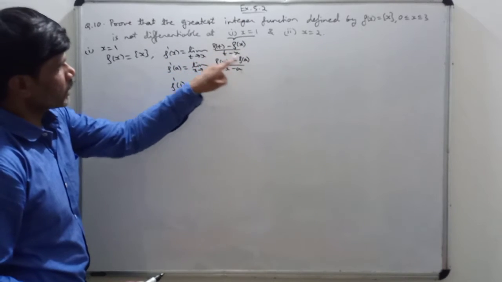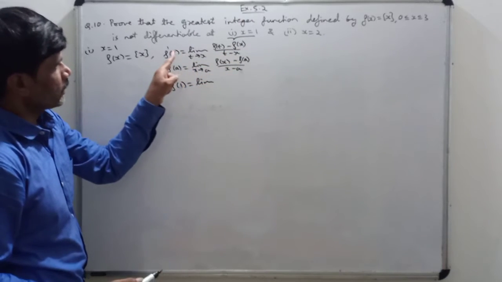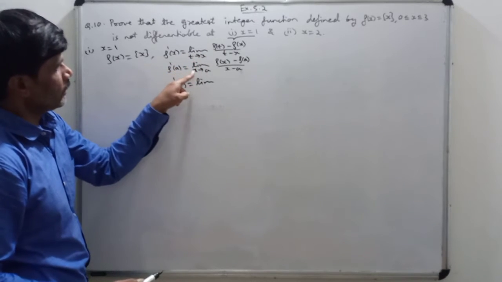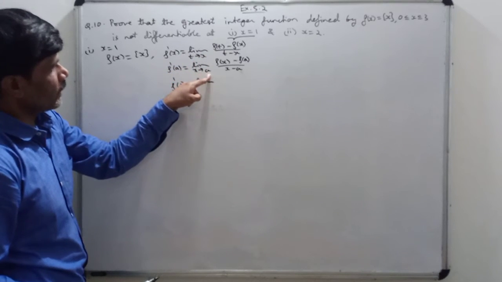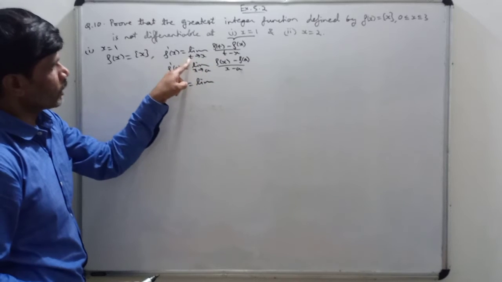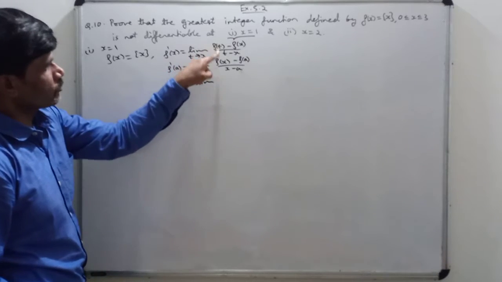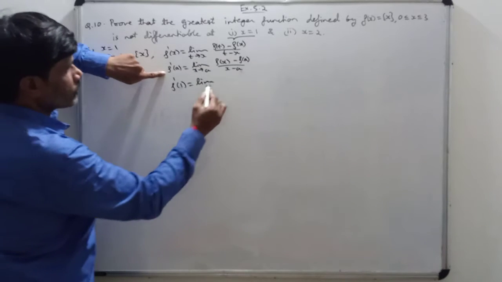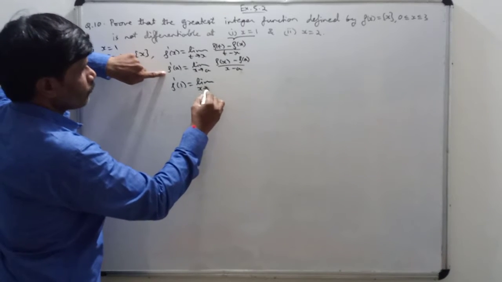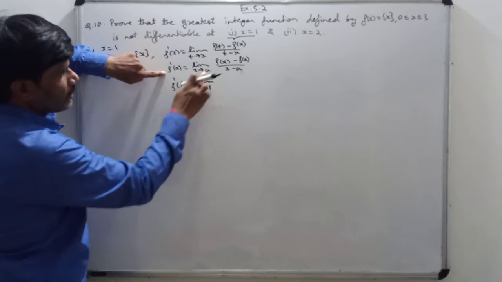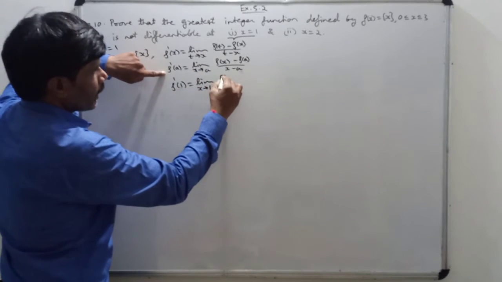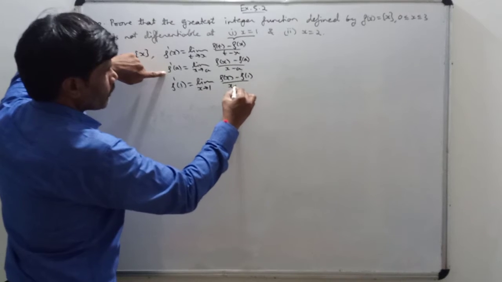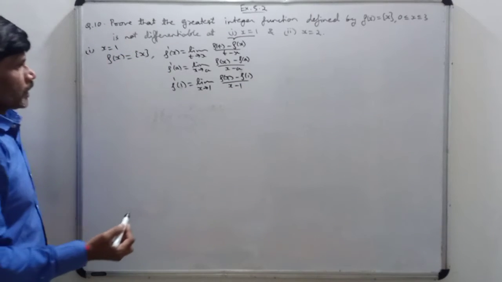We want to show that f is not differentiable at x = 1. In place of x we have kept a, in place of t we are keeping x, so (f(x) - f(a))/(x - a). So f'(1) will be the limit x tends to 1 of (f(x) - f(1))/(x - 1).